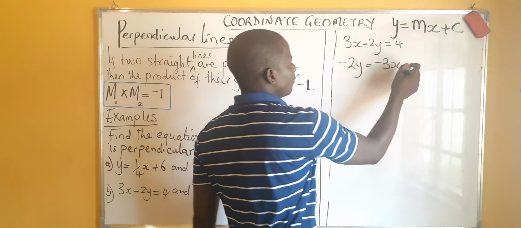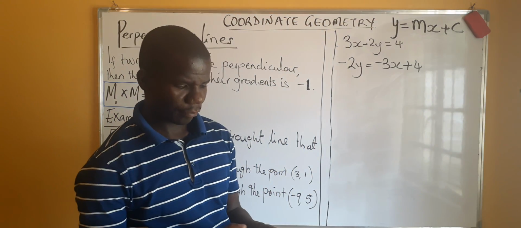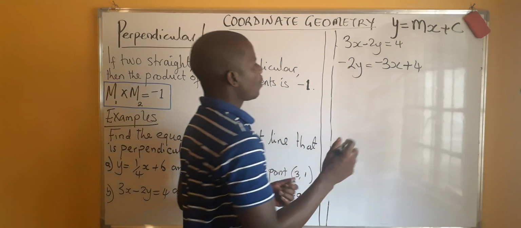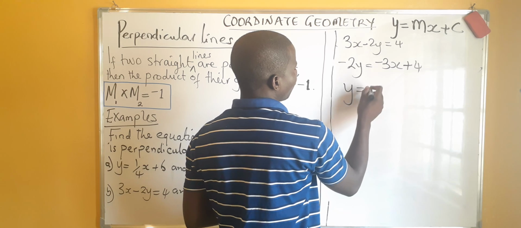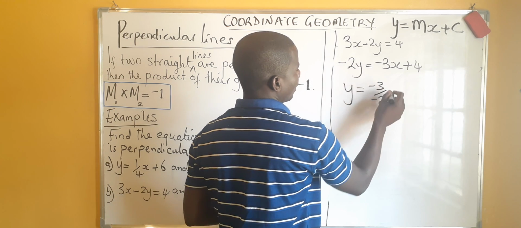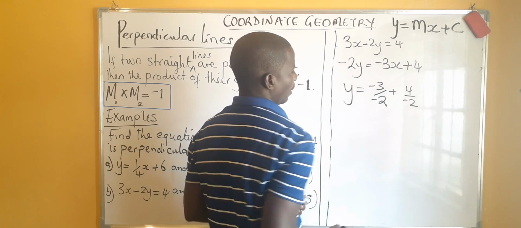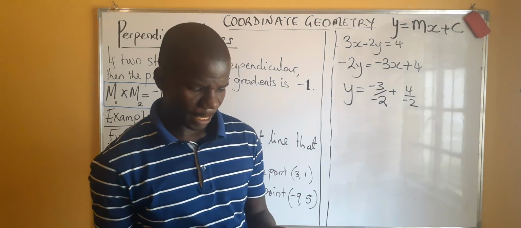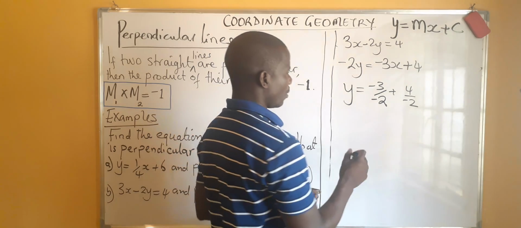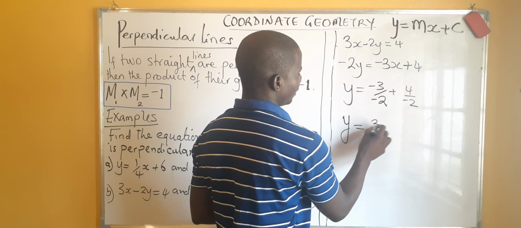Then this is a positive, so it's going to be plus 4. Then we need to make y the subject of the formula. So we divide by minus 2, and we also divide this one by minus 2.